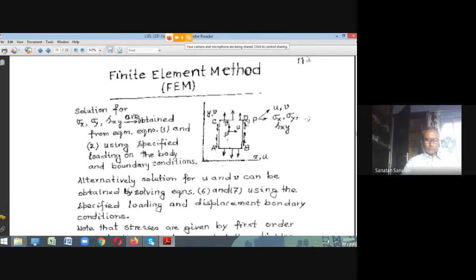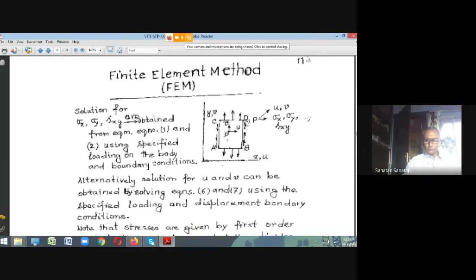So that's the problem. And we also came down to the conclusion that if we work in terms of displacements, then we have to find out two displacements at every point of the body. If we want to work in terms of stresses, we have to find out three stresses at every point of the body. Now let's see.